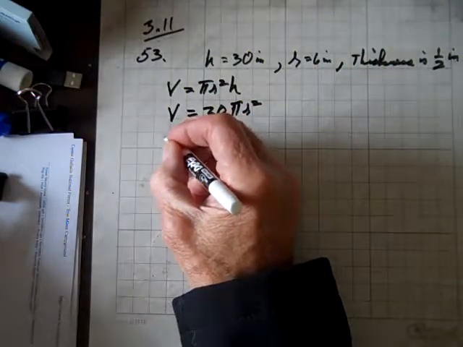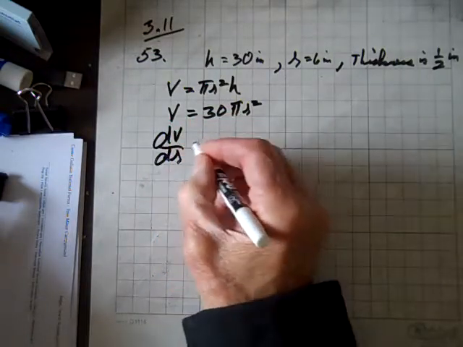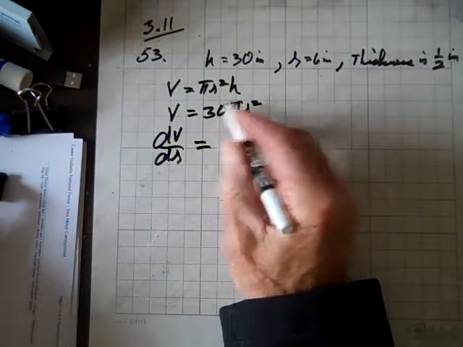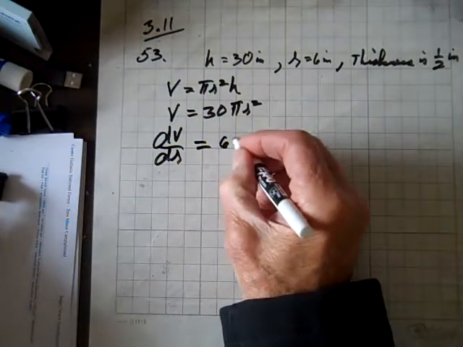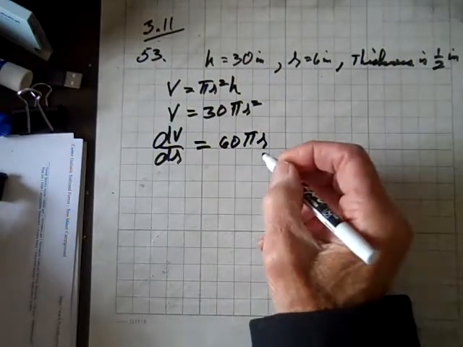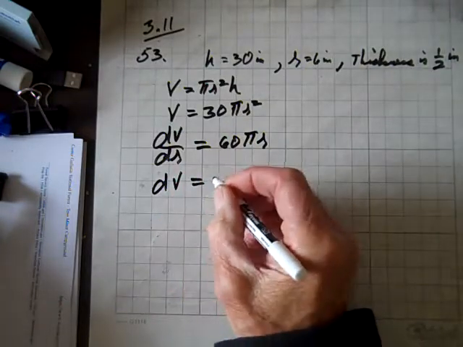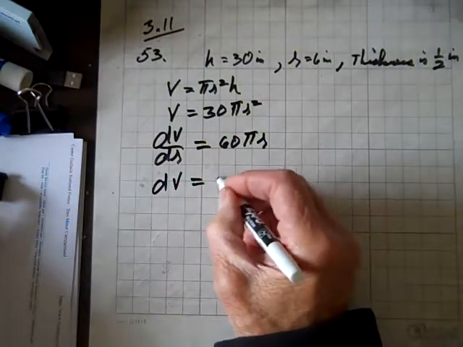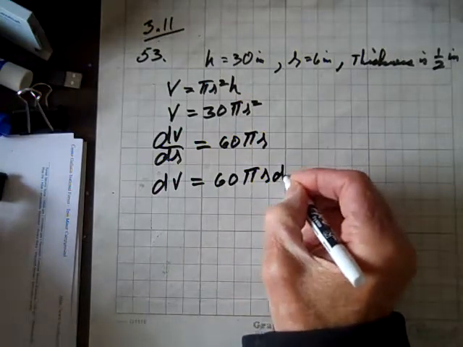So let's find the derivative of this, dv dr, and what we get is 2 pi r. Well, 2 times 30 is 60 pi r. And now let's multiply both sides by dr, and now we've got the differential of v, and that's going to be 60 pi r dr.